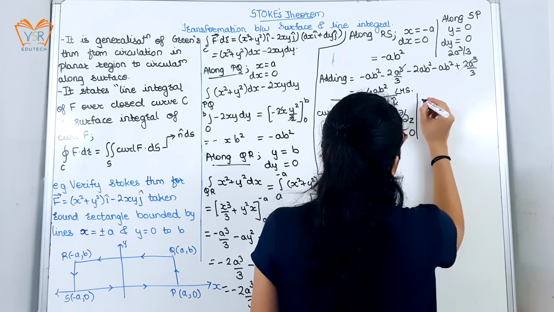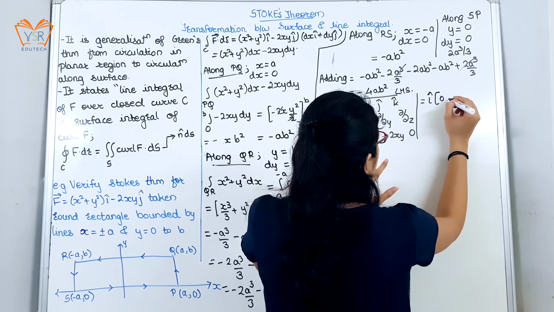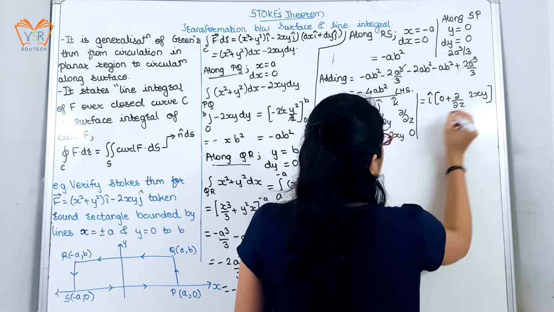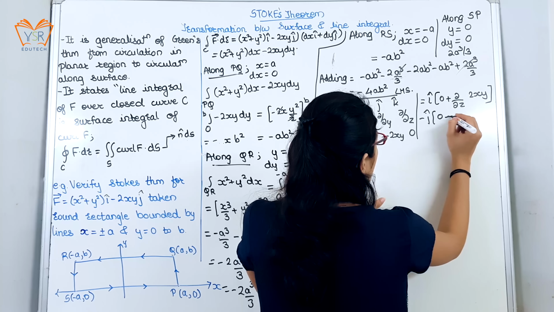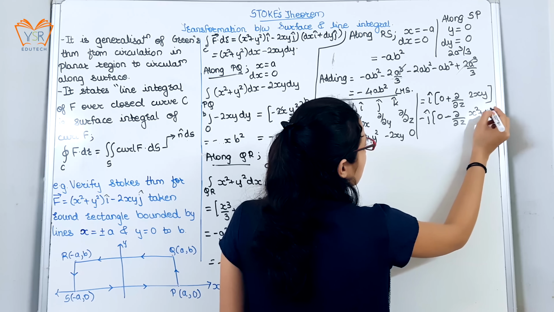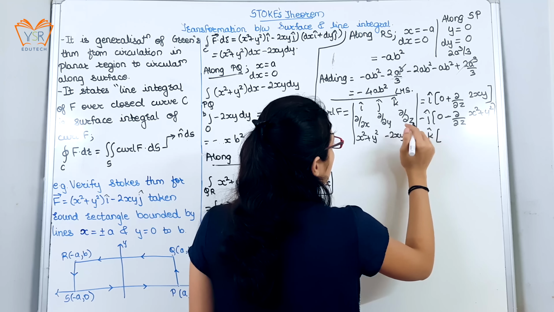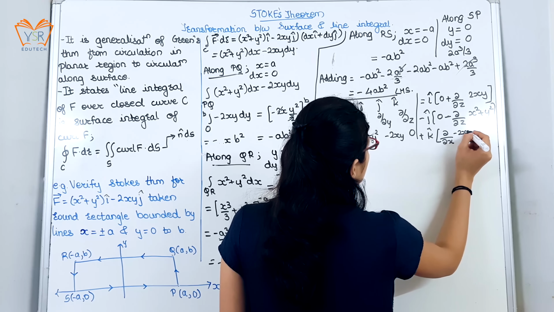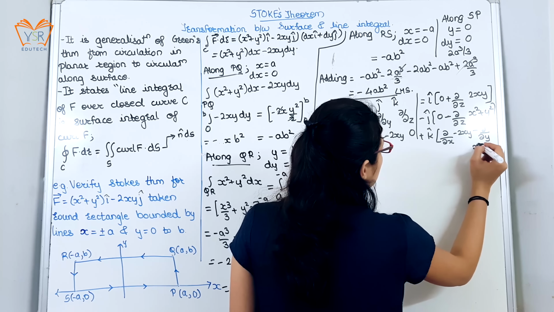Expand this determinant using the first row. i cap 0 plus dou by dou z of 2xy, minus j cap 0 minus dou by dou z of x square plus y square, and plus k cap dou by dou x of minus 2xy minus dou by dou y of x square plus y square.